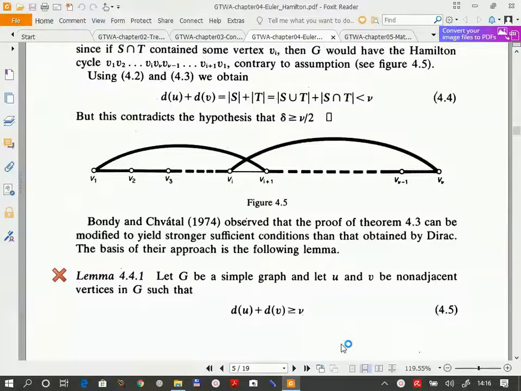That's an Euler tour. Or start from one vertex, go through all the edges exactly one time, and then end in another vertex. That's an Euler trail. Okay?